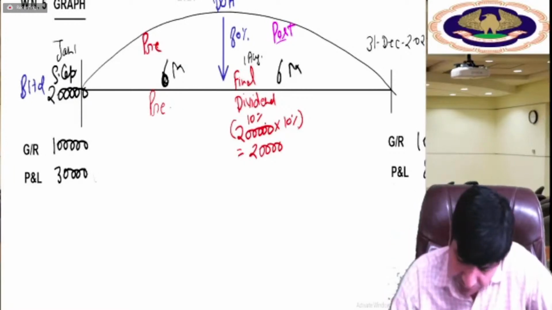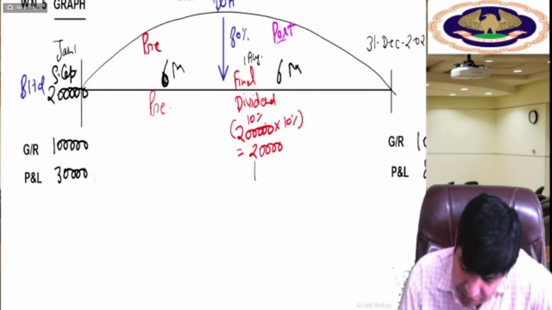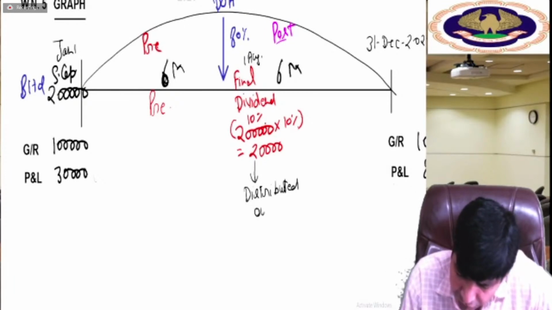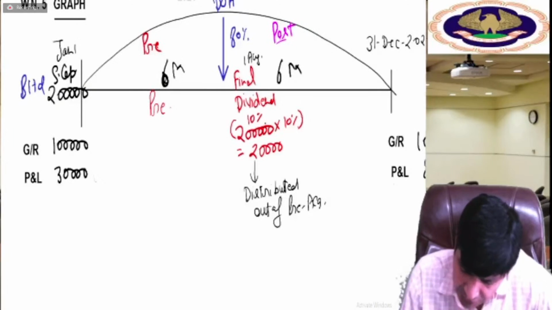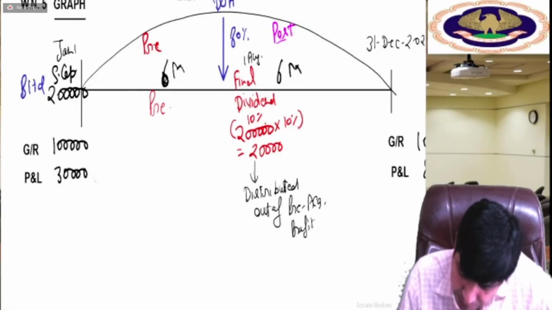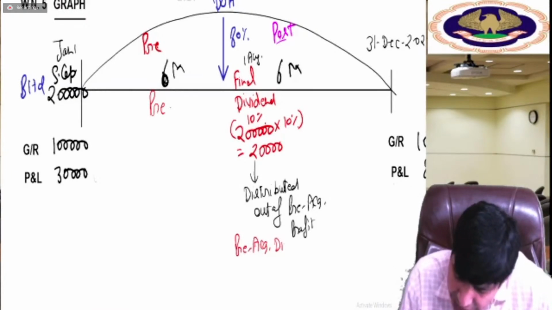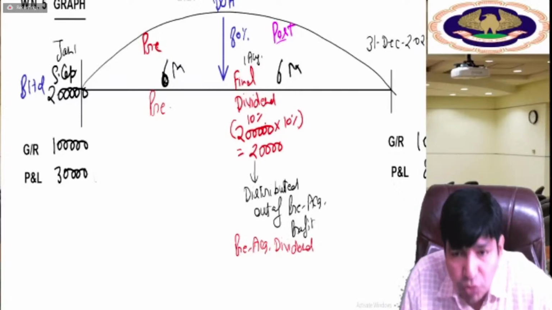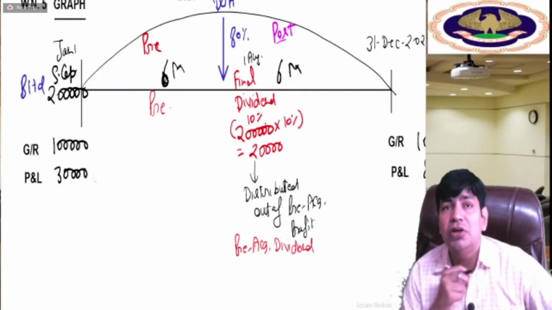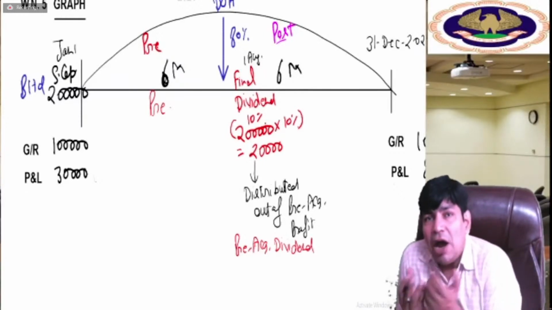So, beta, see, 20,000 is the figure which has been distributed out of pre-acquisition profit, clearly given by the question. It means this becomes pre-acquisition dividend. Okay, beta. And how much amount will the holding company receive out of such 20,000?